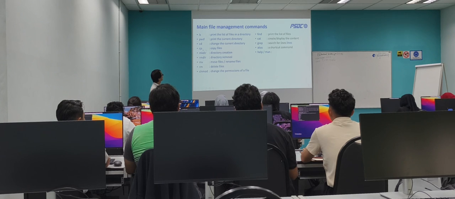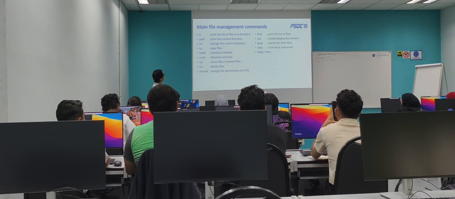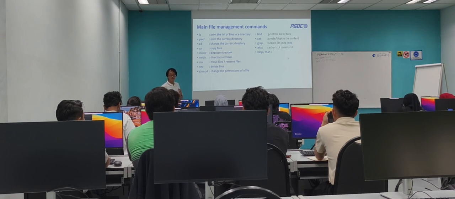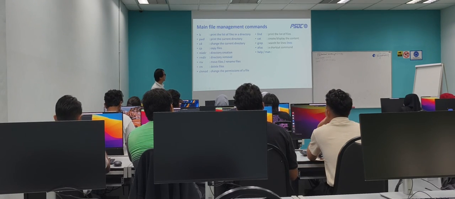mkdir is make directory, directory creation. rmdir is directory removal. mv is move file or rename file. rm is delete file. chmod is change mode, the permission of the file.